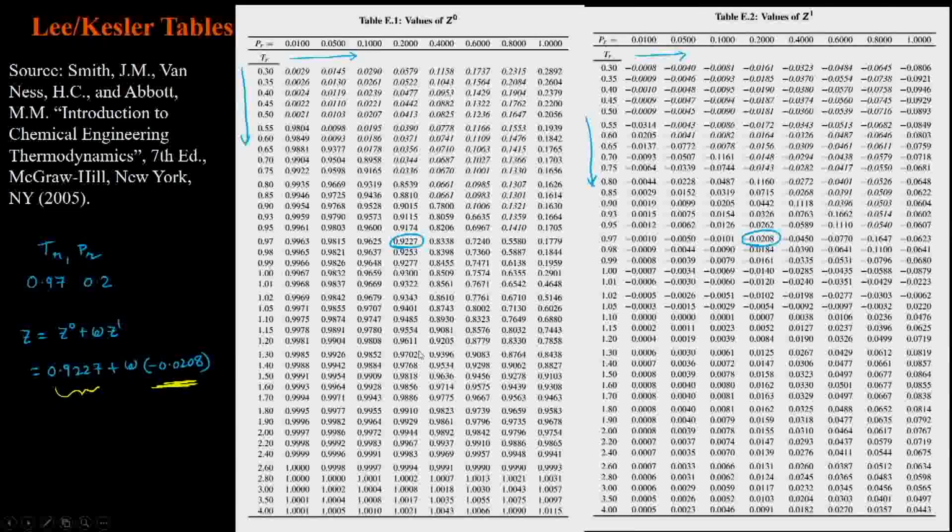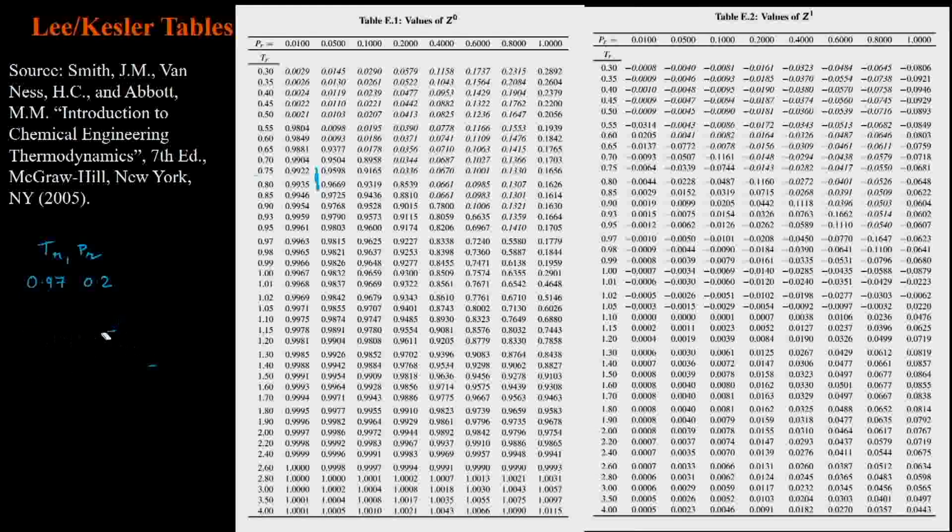And if I look at this table, let's pick that, 0.7572. So it's going to be, this is 0.75, this is 0.8. So it's going to be in between these two rows. Maybe I should just write those TR and PR values here. It might just be easier to work with.